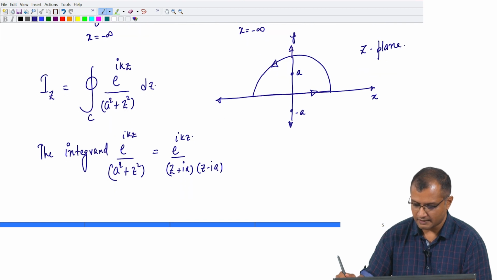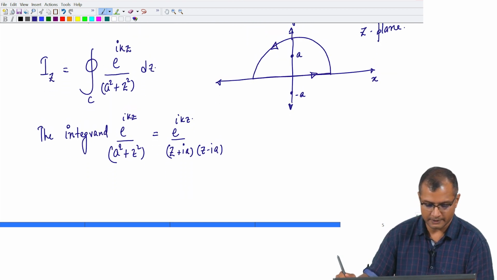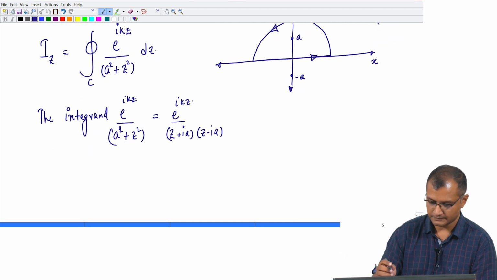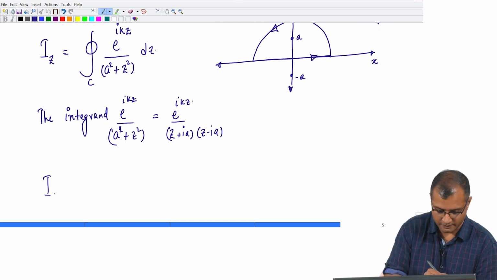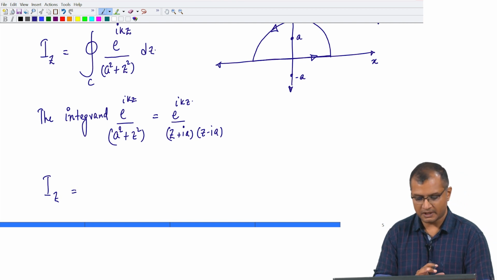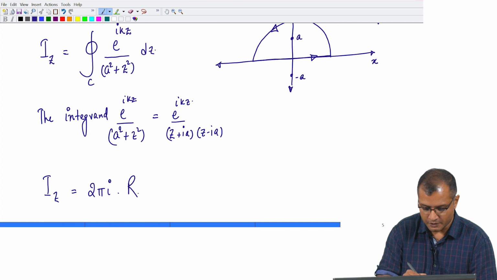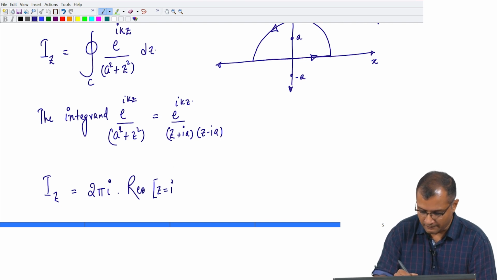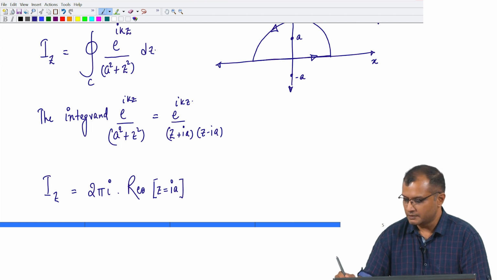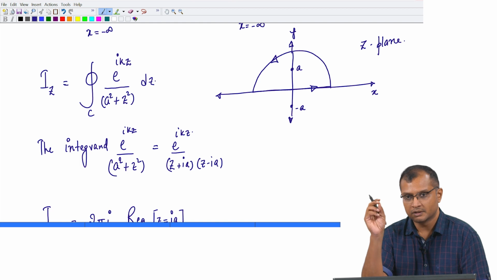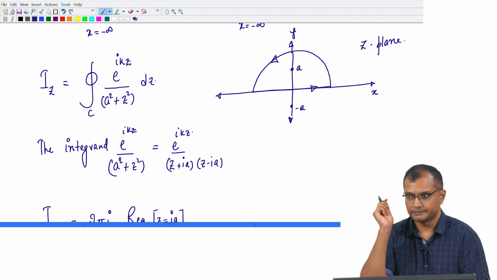So, then I can easily write down my contour integral. This would be nothing but 2 pi i into the residue at z equals i a. Only the residue inside the contour that is drawn.